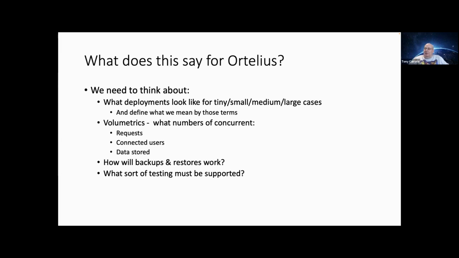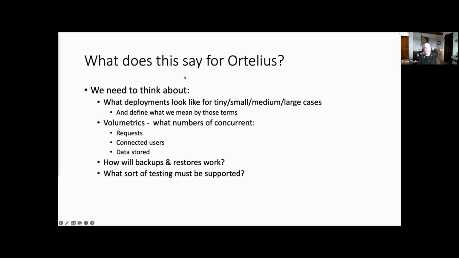Maybe we don't use these four slices of tiny, small, medium, large, but we have to say an example Ortelius instance is about this big. It requires a base system with 128 gigs of memory and 8 cores to support this number of containers. We need to define that.